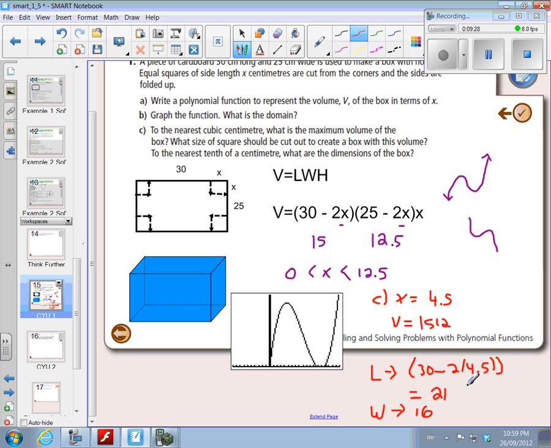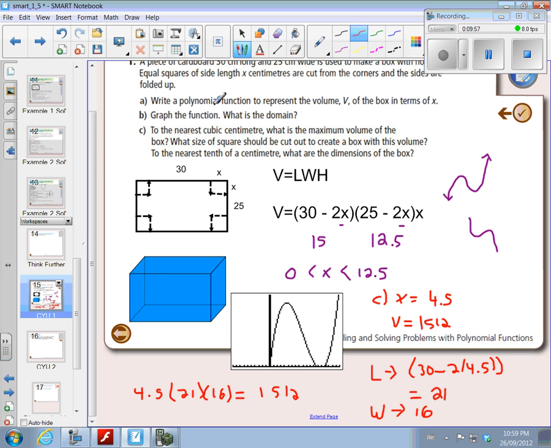So if you wanted to, you could check your answer right now. You could check to see if the height of 4.5 multiplied by the length of 21 multiplied by the width of 16, those three numbers should multiply to give us what? They should multiply to give us the volume of 1512.